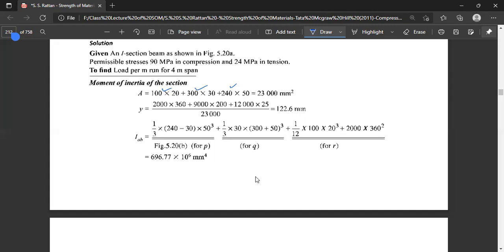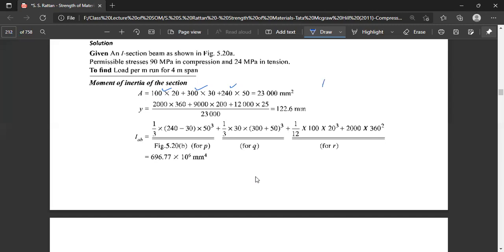So what is y? That is the distance of the fiber from the area. First of all, we have to find the area multiplied by y, so we have to find the individual areas.